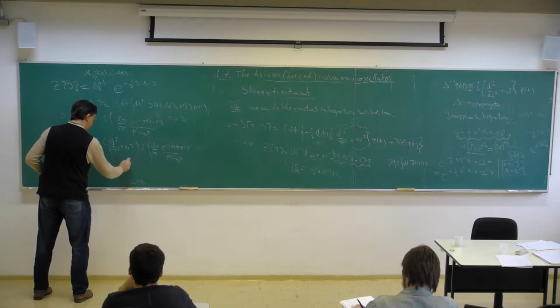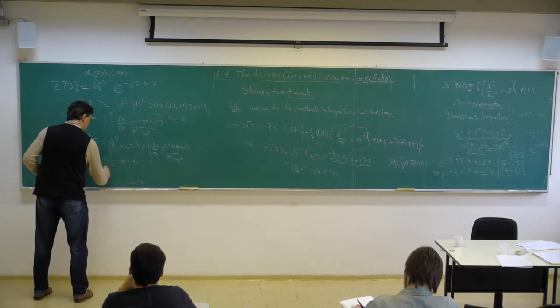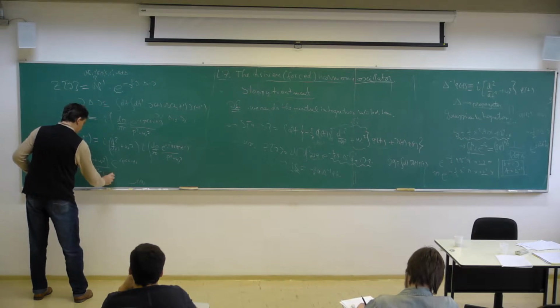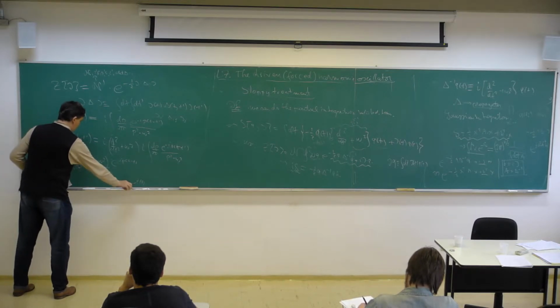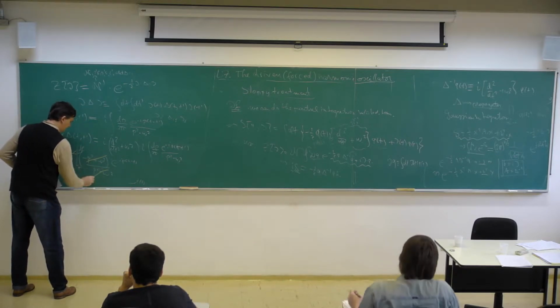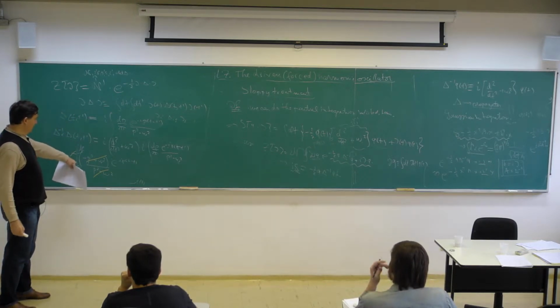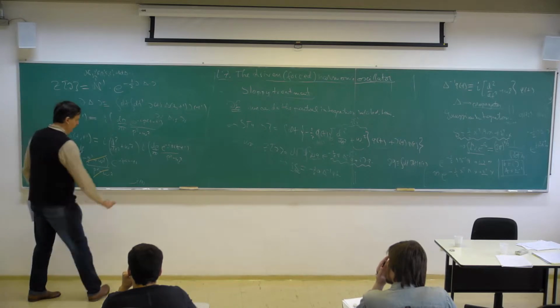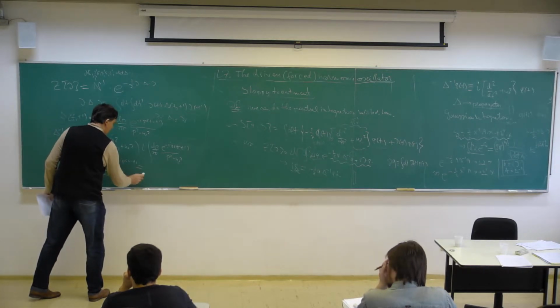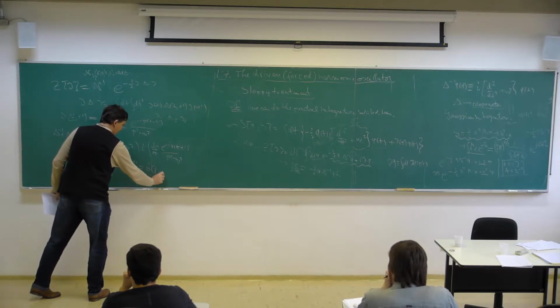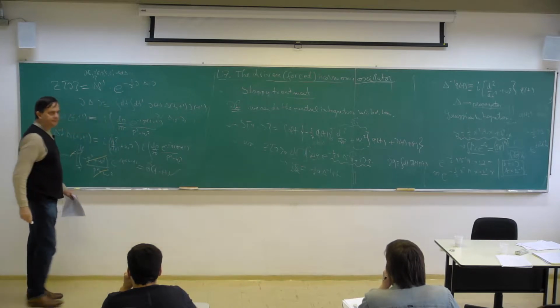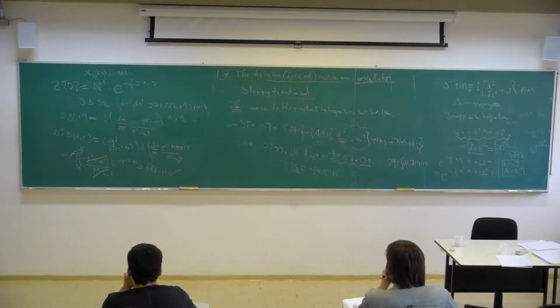As you see, all these things cancel, and I'm left with the integral dp over 2 pi of the exponential, which is nothing but delta of t minus t prime. So this is indeed correct.